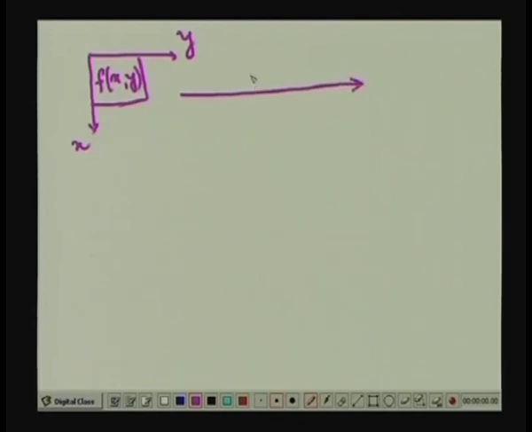So, graphically we can represent this entire operation like this: this is our x axis, this is our y axis. I have an image f of x y. First of all, we take the Fourier transformation along the row. So, we are doing row transformation.